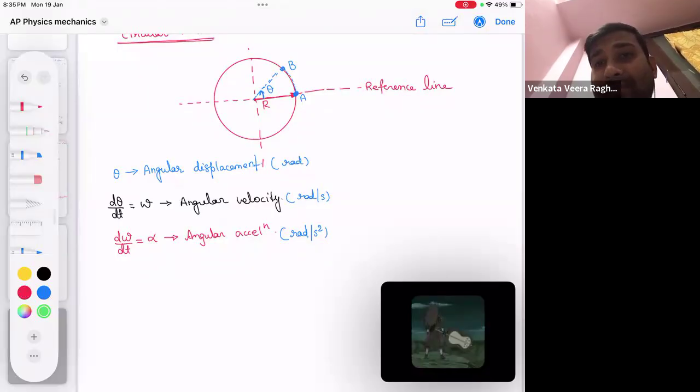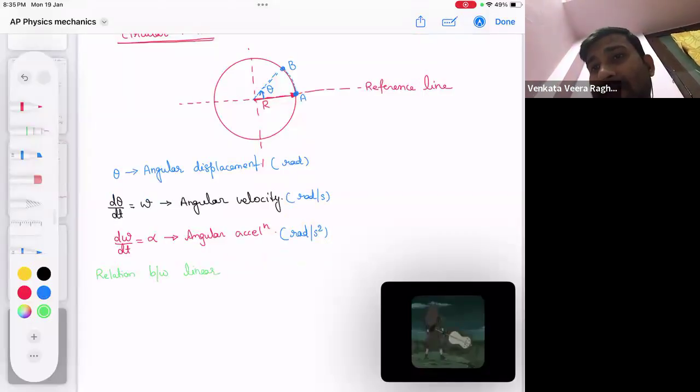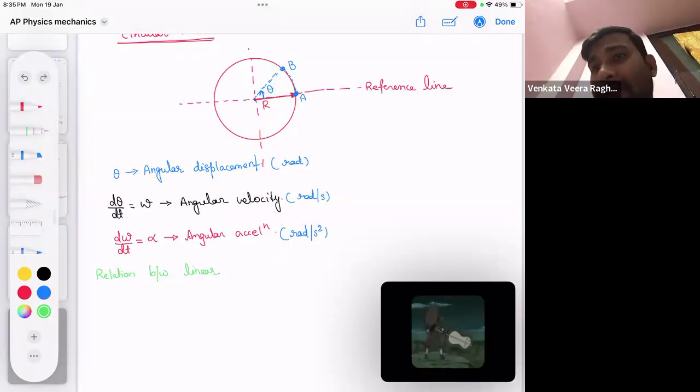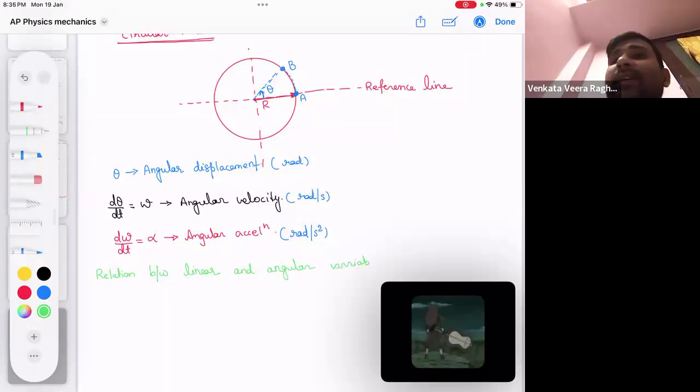Okay, what is the relation between linear and angular variable? What does it mean?